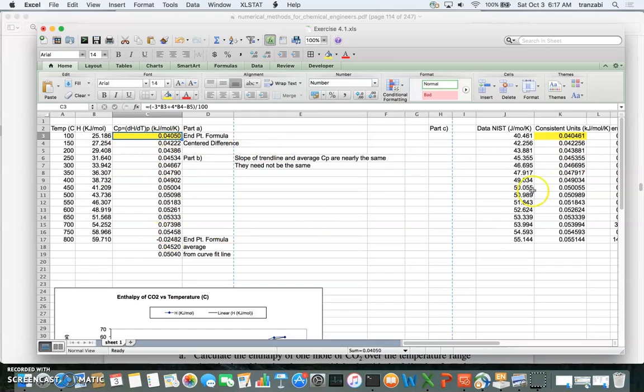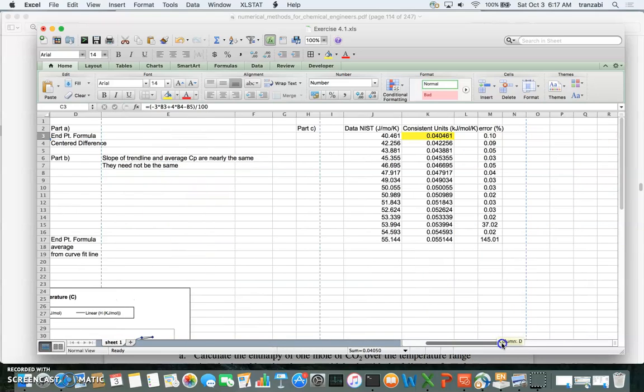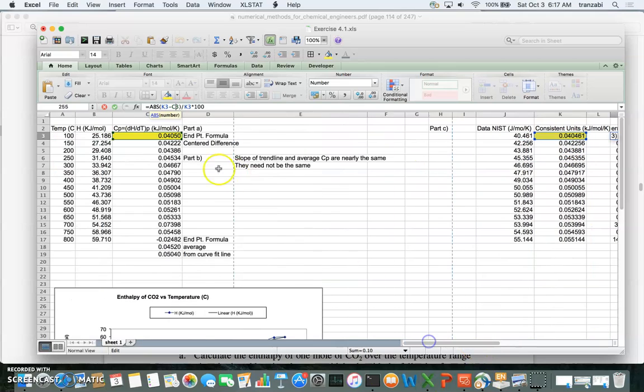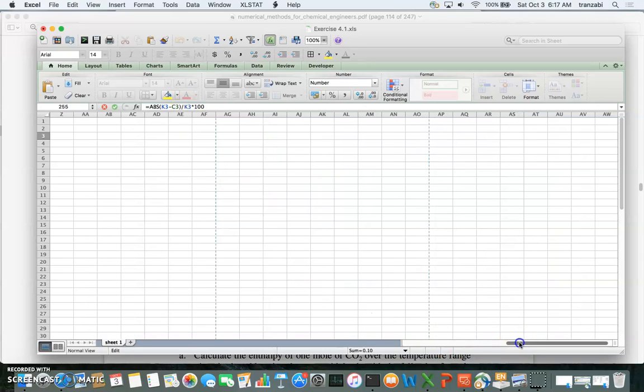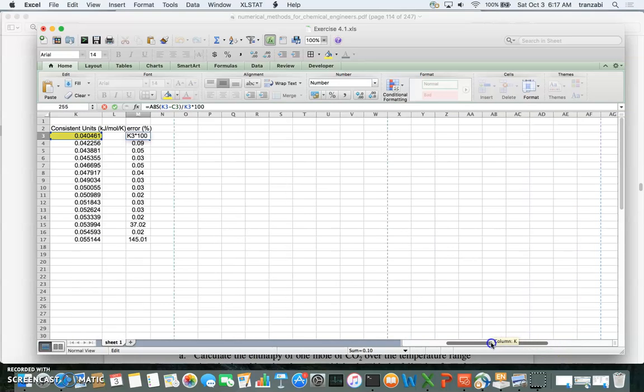And you can go all the way down and compare one cell at a time, and you can actually find the error. So how can we find the error for every cell? Well, we find the difference between this cell and the original cell we calculated numerically, get the absolute value, and divide by the more exact value, which is coming from NIST data.